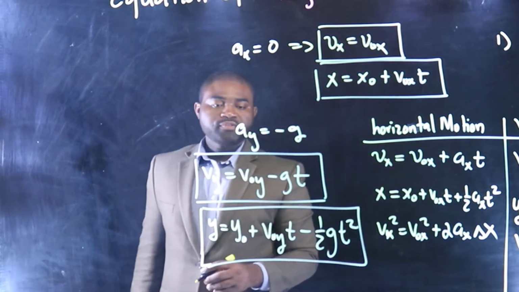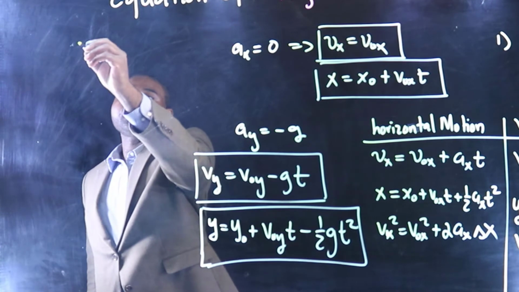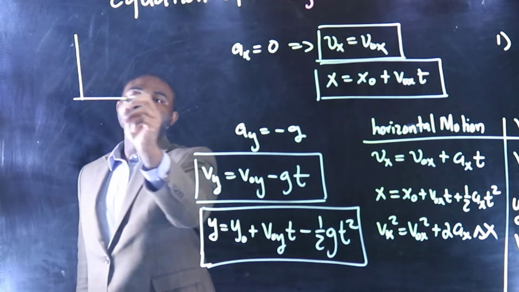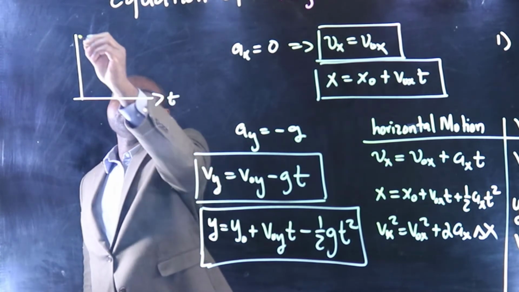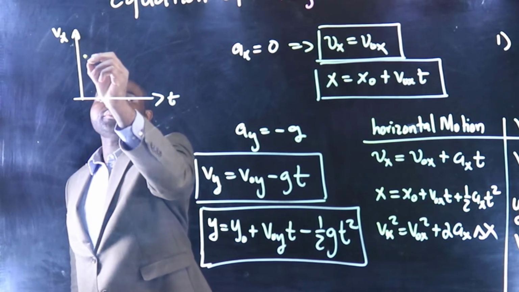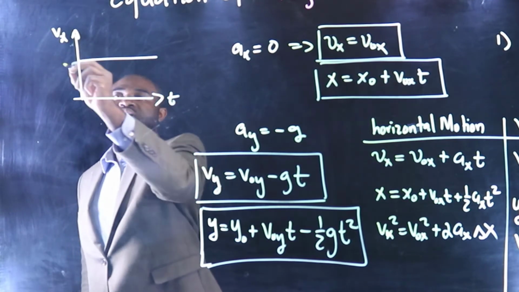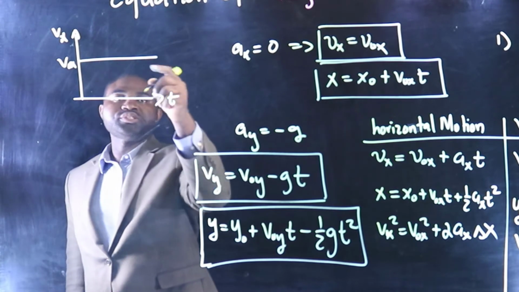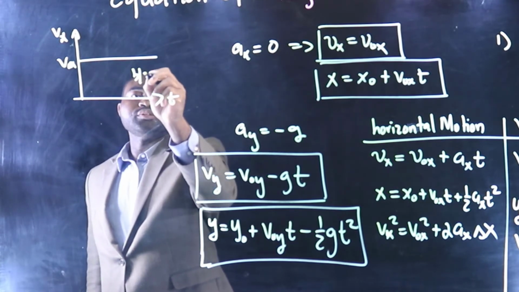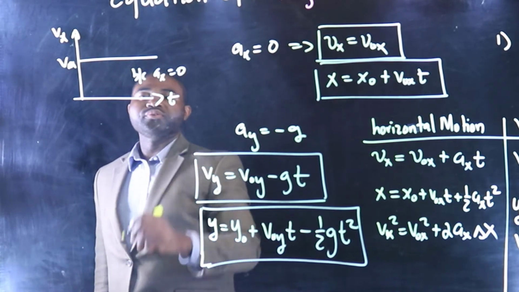If we draw the graph, it will look like this. So if we draw the graph of t versus vx, it's going to be a straight line. This is vox. It doesn't change simply because ax is 0.